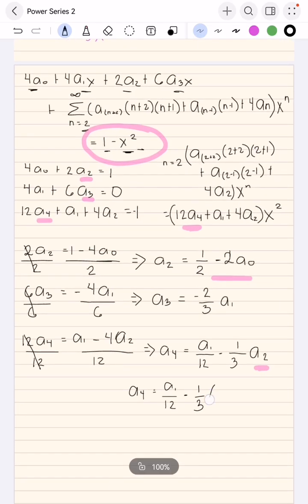And this one times 1/2 minus 2a0 equals to, that would be 3 times 2.